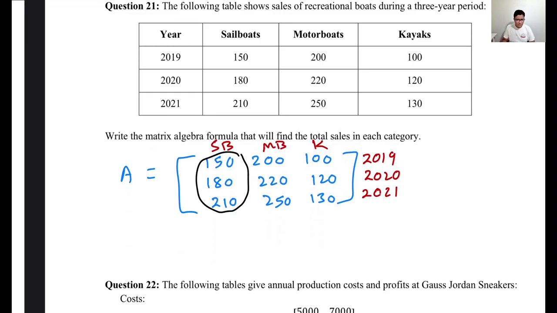As a matrix formula, how would you write it? What I will do is, I'll create a new matrix, call it T, which is total sales. And the total sales will be a single row matrix now. And the entries of that row, if you're doing this for many years, let's say not just 3 years, I'll talk about it in that perspective also.